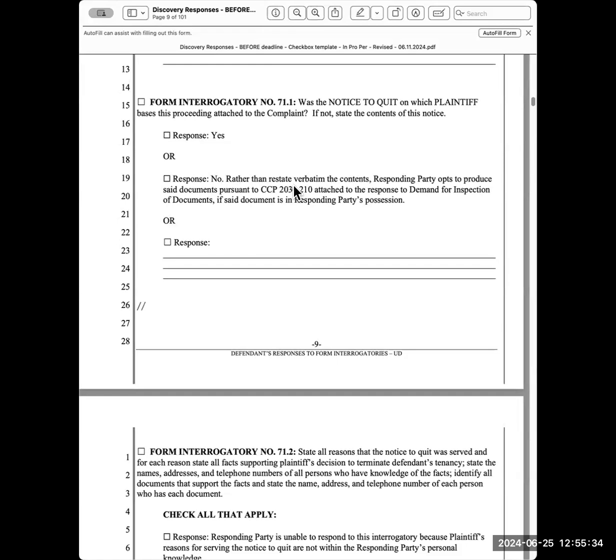Sometimes they knock on the door, but they're not required with the notice. They can just post it in a conspicuous place. If you receive that notice, sometimes it's mailed to you, but it's not attached to the complaint. You check here and you can produce that notice you received. Any other response, check here and you write out the response here.